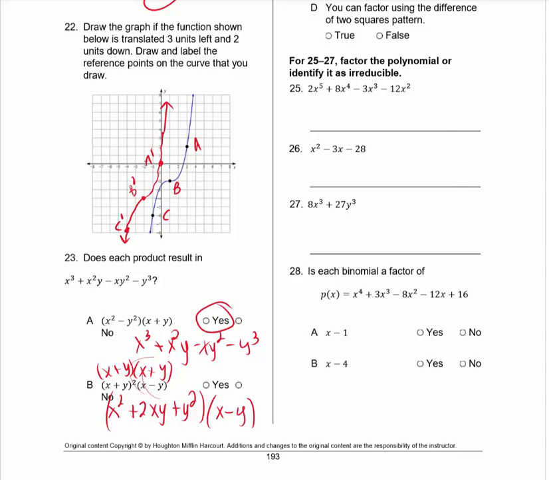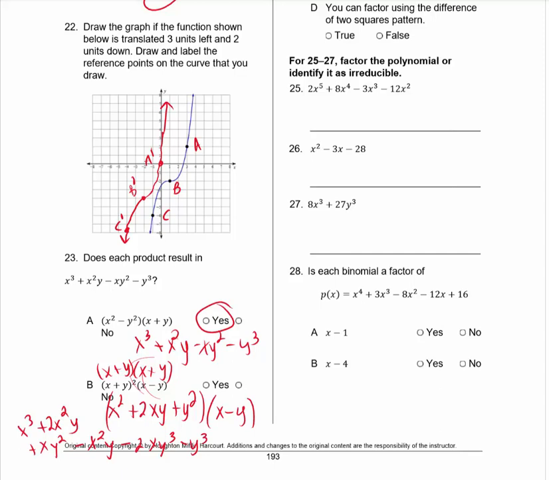But oh well. We get x cubed plus 2x squared y plus xy squared, and then minus x squared y minus 2xy squared minus y cubed.